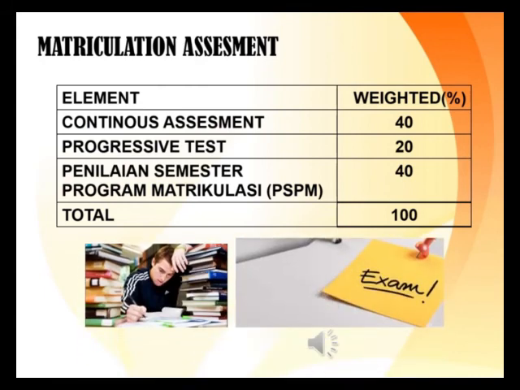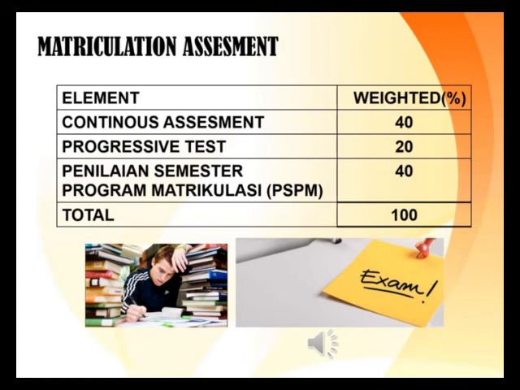For matriculation assessment, we have 3 elements here. The first element is continuous assessment. The weightage is 40%, which is carried forward to your final exam. Another one is the progressive test.